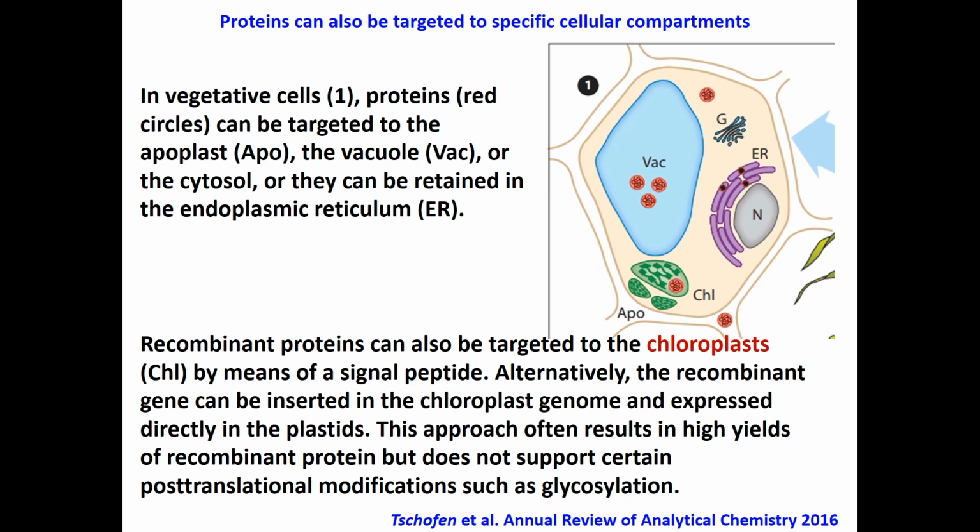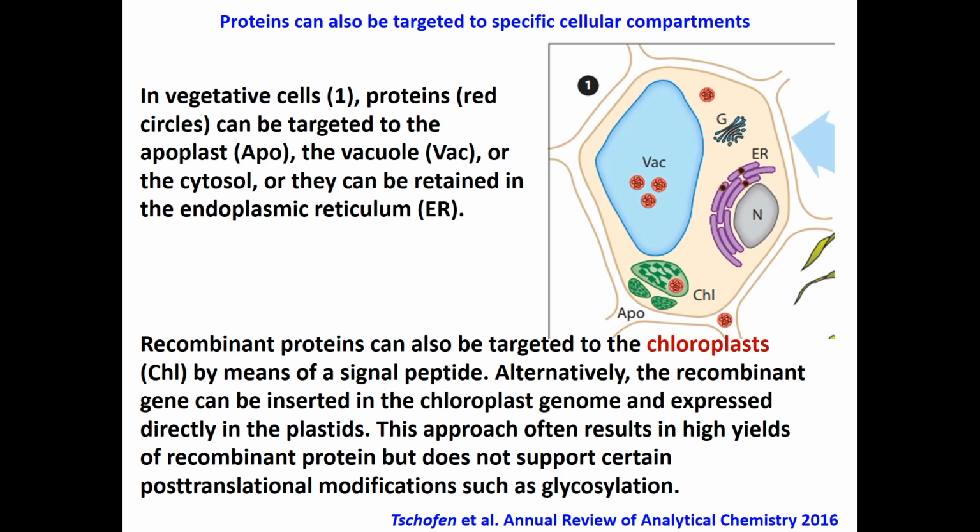In my previous slides, I have shown that we can target the protein to a vacuole, and in some studies they have targeted proteins to the chloroplast, some to the endoplasmic reticulum, and some to the apoplast. These are examples where we can target in a tissue specific manner in the plant system.